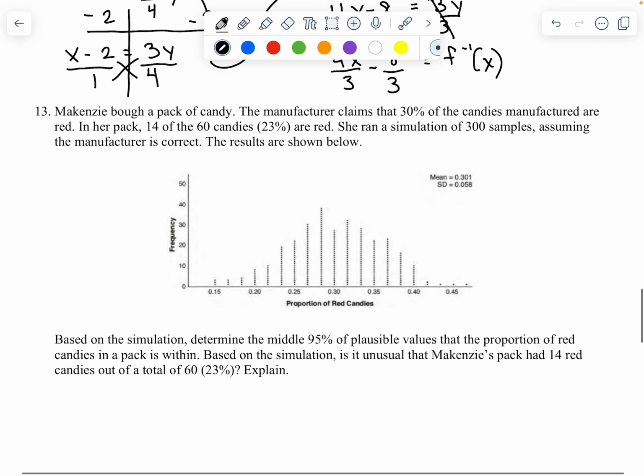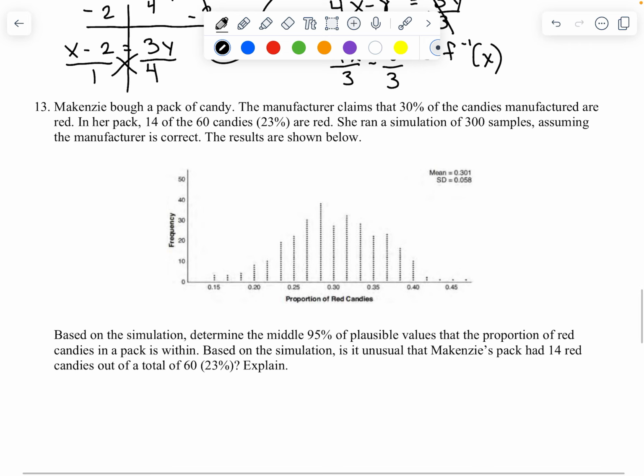All right, number 13. This is a very, very important question. Mackenzie bought a pack of candy, and the manufacturer claims that 30% of the candies manufactured are red. Now, in her pack, 14 of the 60 candies, which are 23%, are red. She ran a simulation of 300 samples, assuming that the manufacturer is correct.